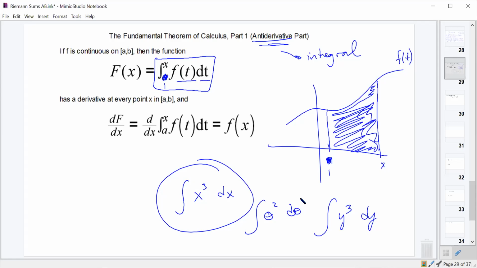They'll all have something in there that's attached to it, the d something, whatever the variable happens to be. And remember that d theta or dy or dx or dt or whatever it happens to be is just the tiny little width of each of the rectangles that we draw, the infinite number of rectangles that we draw to sum together using that integral.